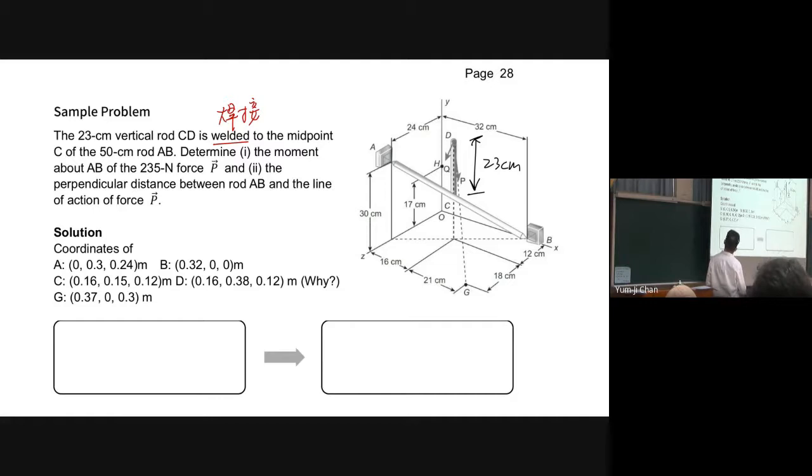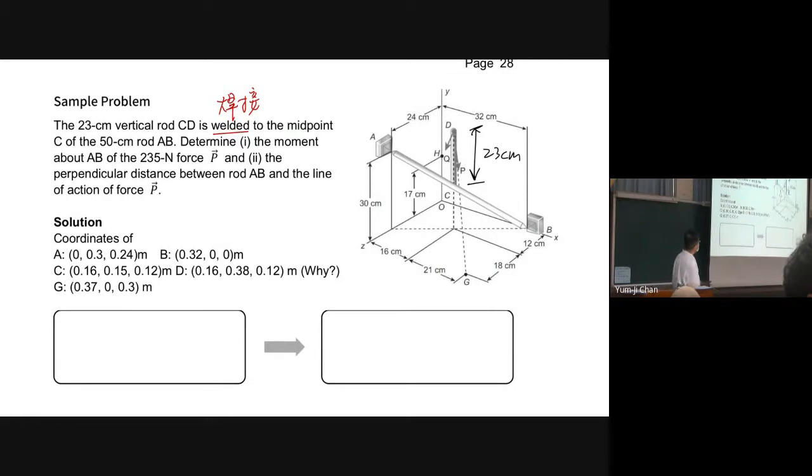Determine first the moment about AB of the 235 Newton force P, and then the perpendicular distance between rod AB and the line of action of force P. Now, we work on the first part, and then the second part.